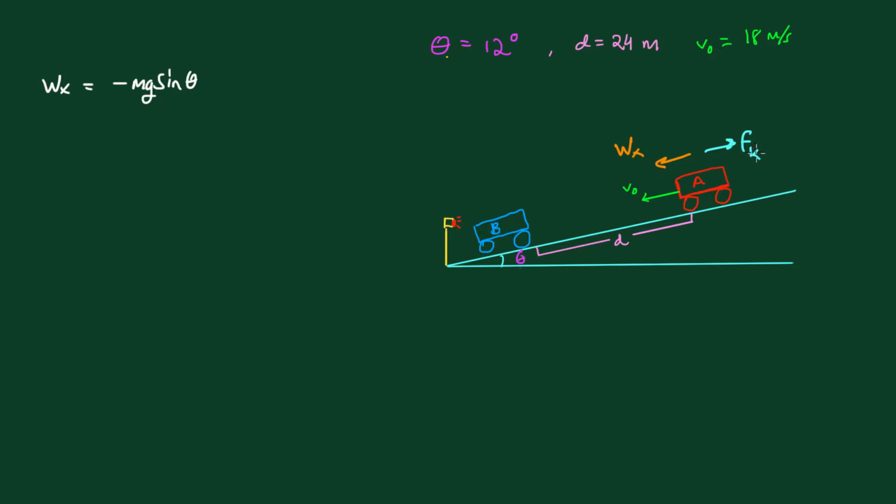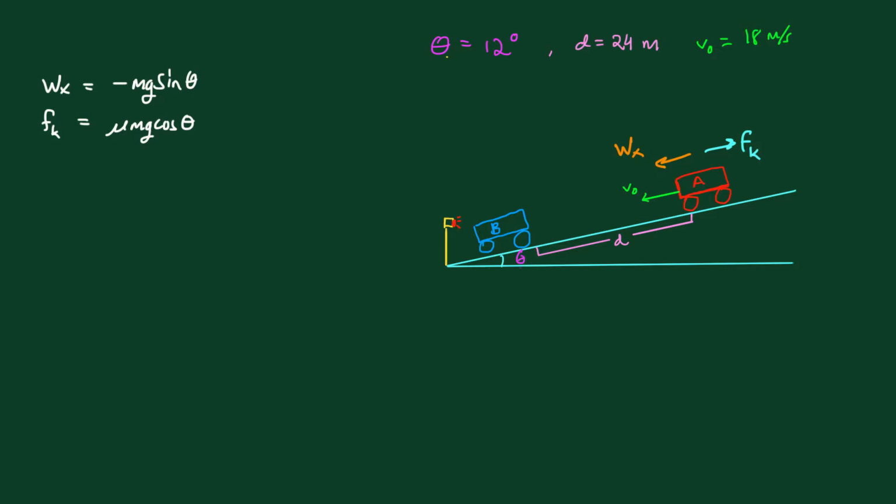Now, as for F sub k, we need to write an expression for that. So F sub k, the kinetic frictional force, is going to be mu times mg cosine of theta. Okay, so remember the frictional force.